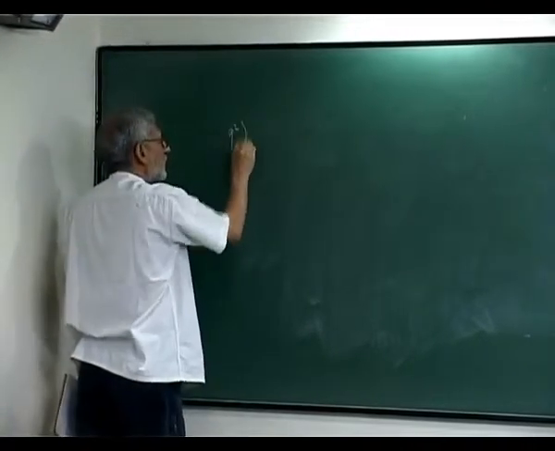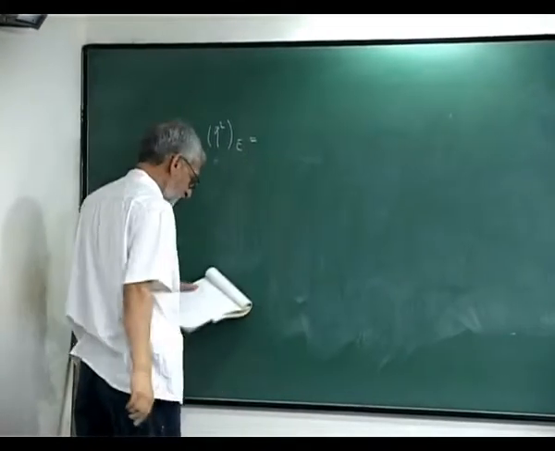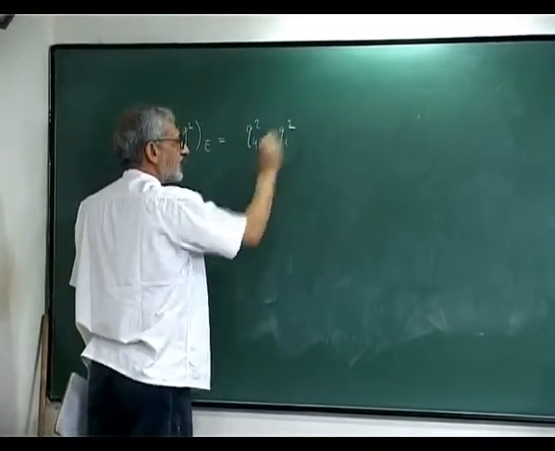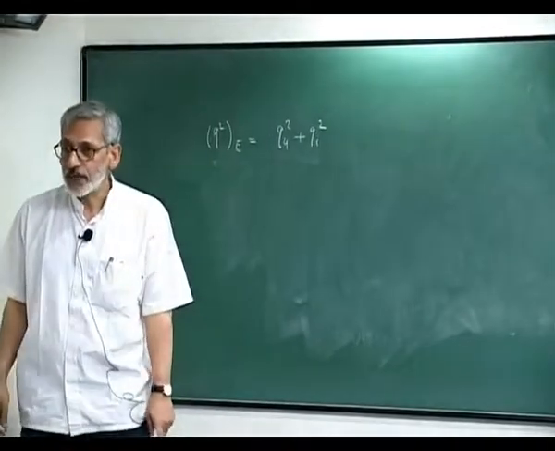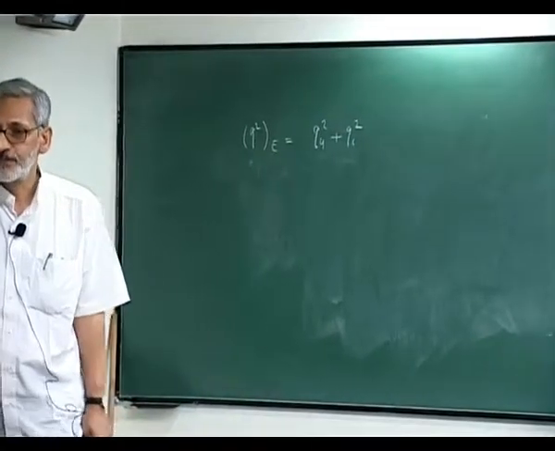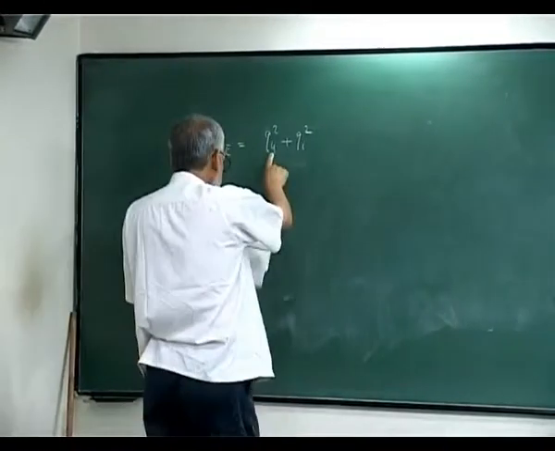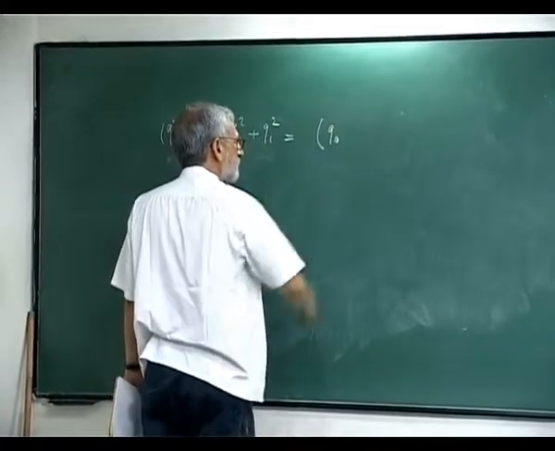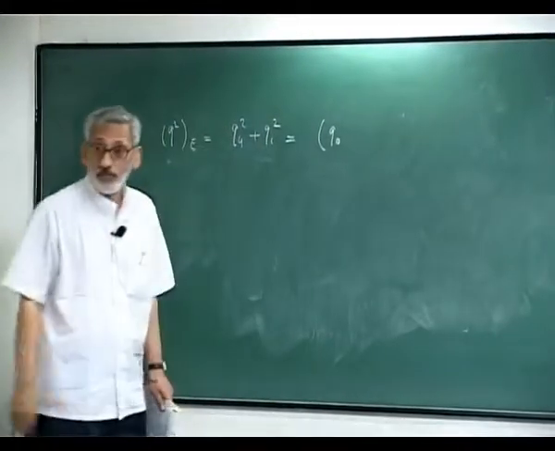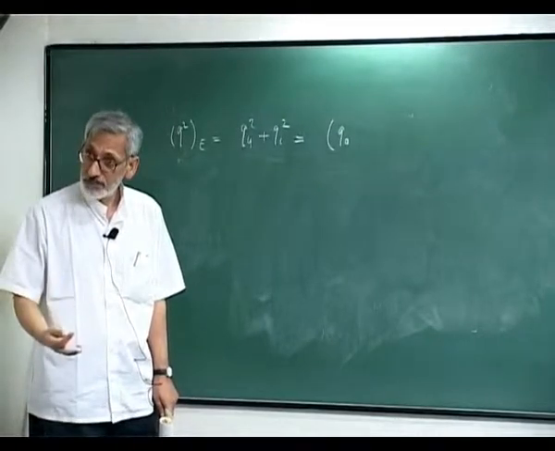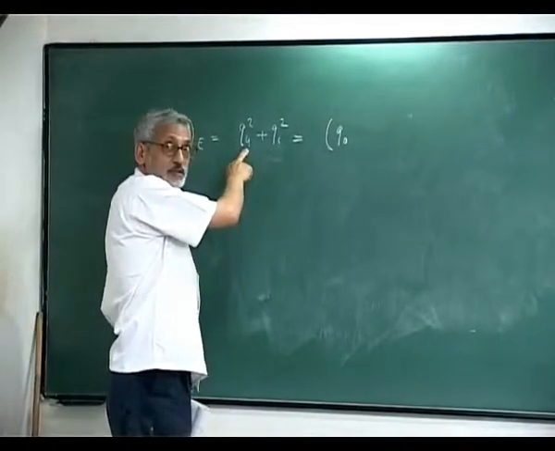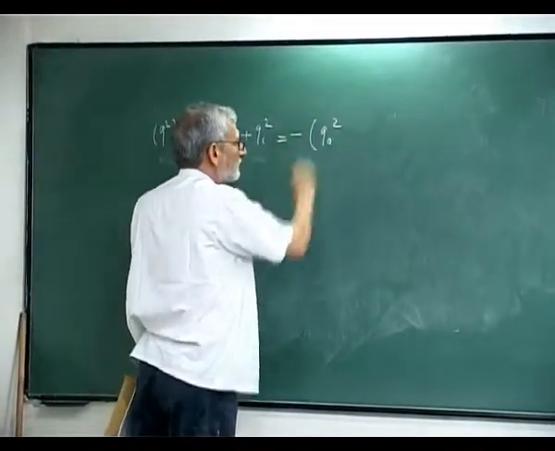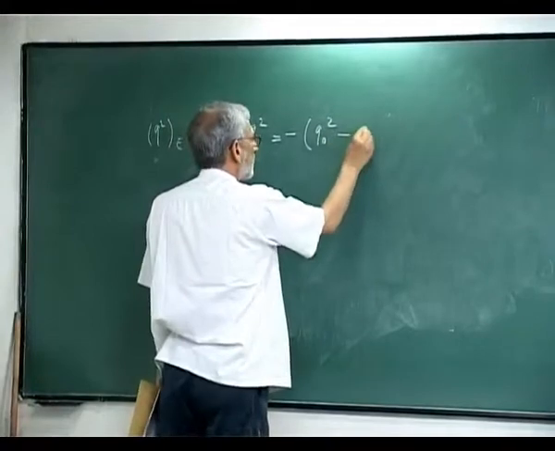We had Q square, the Euclidean momentum. This was defined as the fourth component square plus the spatial components square; this is what a Euclidean Q square is. But if I want to write it in terms of Minkowskian momentum, the fourth component is i times Q0, so the square of that is minus Q0 square.